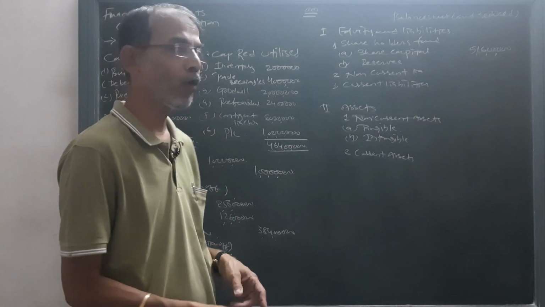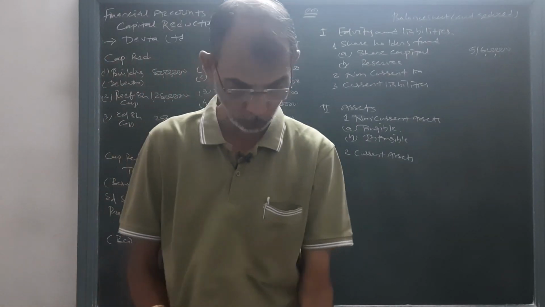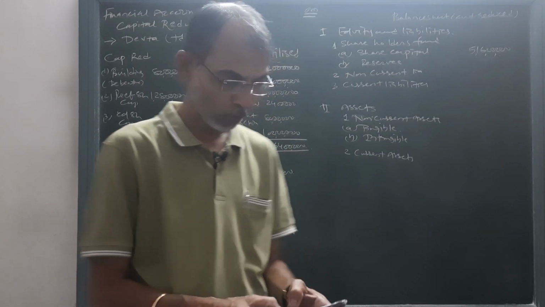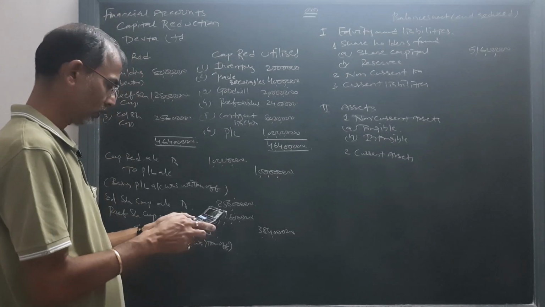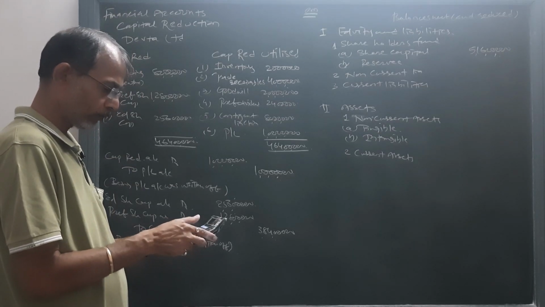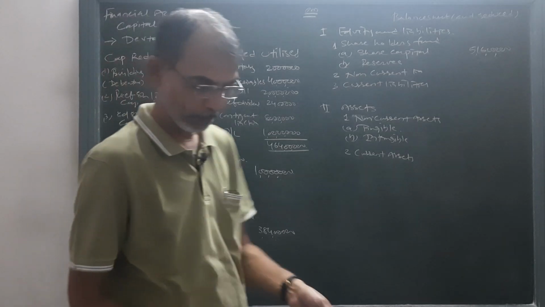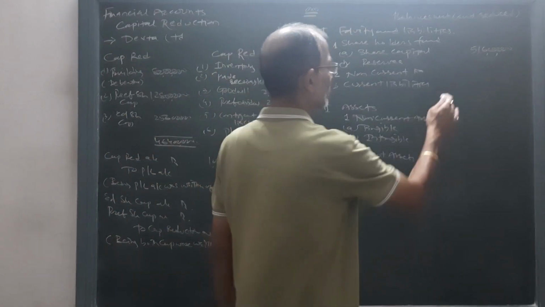Now if I come to balance sheet, total capital was 8 crore, out of which 3 crore 84 lakh has been written off. So remaining will be 4 crore 16 lakh.